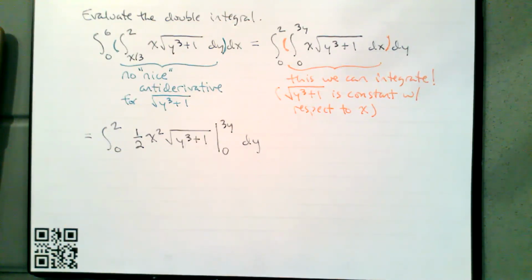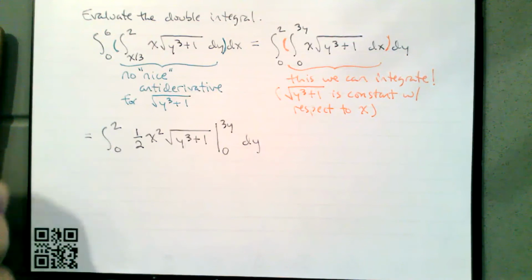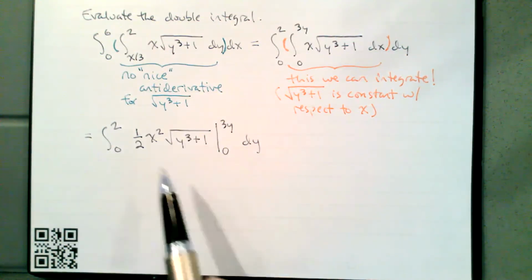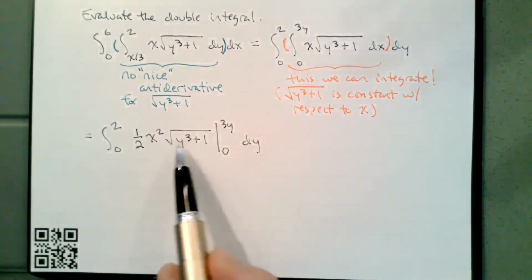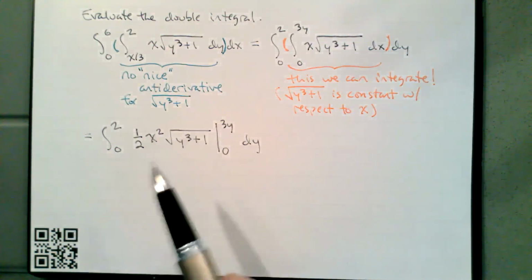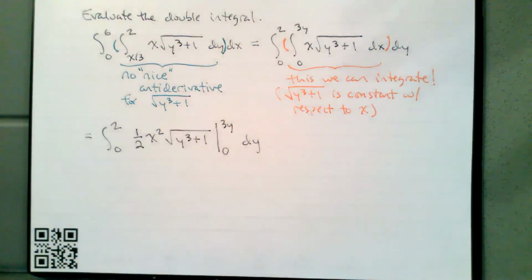But that's okay. We're about to plug the 3y in, and looking ahead, see where the 3y is going, and then look at the setup we'll have. We'll have a y cubed in here, a y squared out here, and we're going to get a nice substitution problem. That's because this problem is super contrived to do exactly what we want it to do.